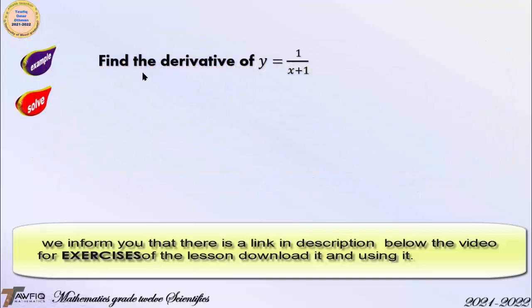Example, find the derivative of y equals 1 over x plus 1.